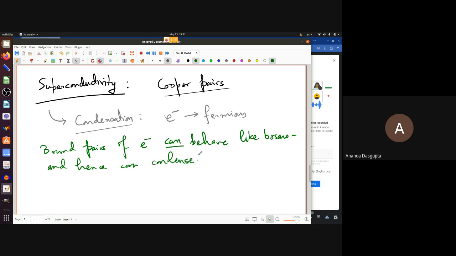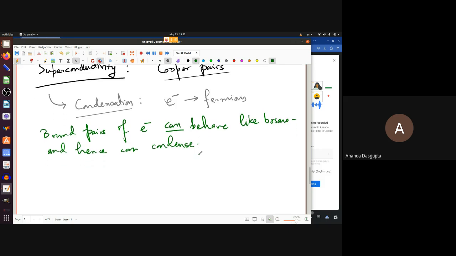After all, bound pairs of electrons have ultimately integer spin, right? Two spin halves together form integer spin particles. And essentially, if you are going to exchange a bound pair, you're exchanging two electrons. And the moment you exchange one bound pair with another, a pair of electrons get interchanged with another pair. And that means you get two minus signs and a plus sign in the wave function. So effectively like a boson. At least that's a loose way to understand that.